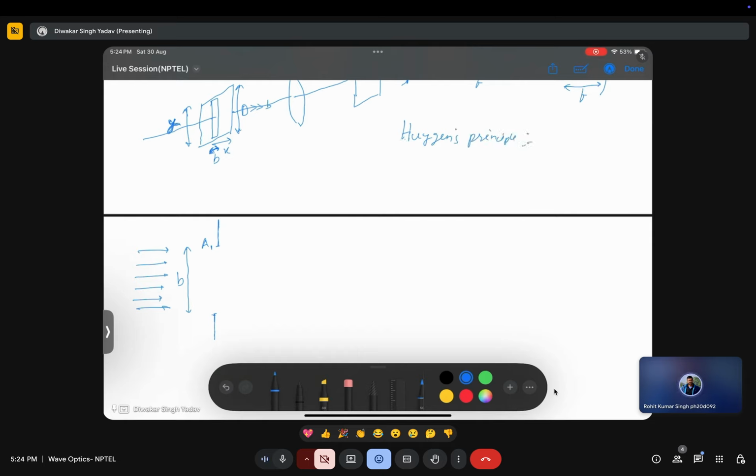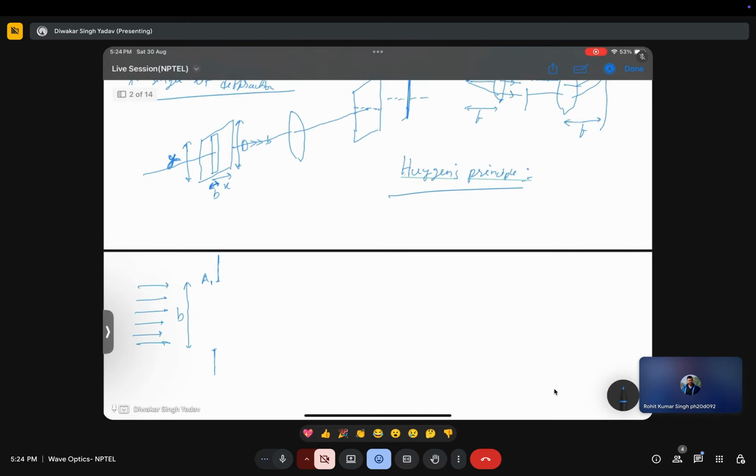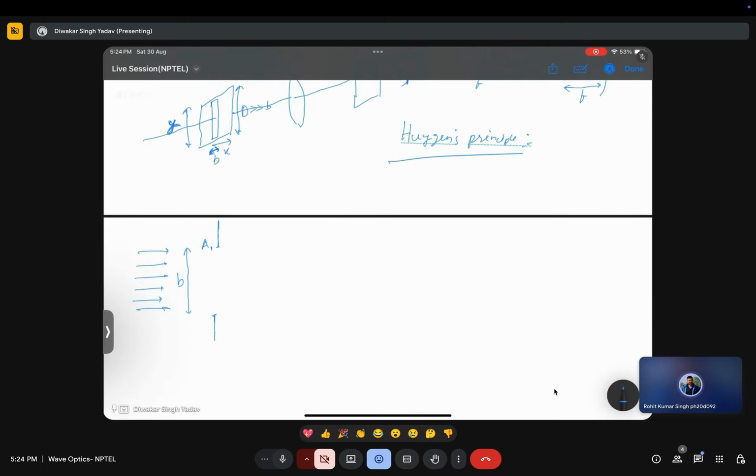So tell me, what is Huygens principle? Sir, it tells that the wavefronts are perpendicular to the rays of light. There are many kinds of wavefronts, spherical wavefront, plane wavefront. The wavefront idea is fine, but what Huygens principle also tells is that at each point of a wavefront you have a secondary wavelet emanating, like this.